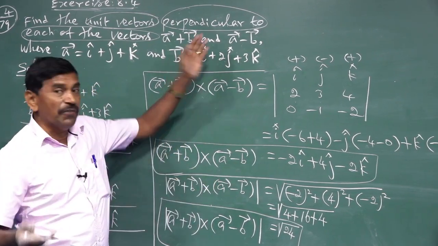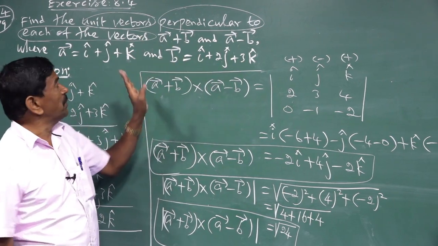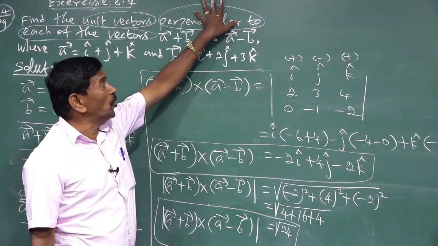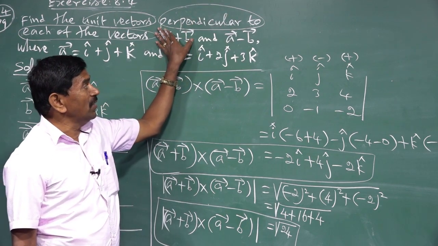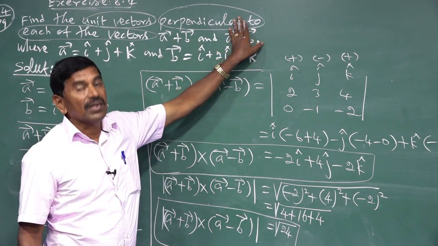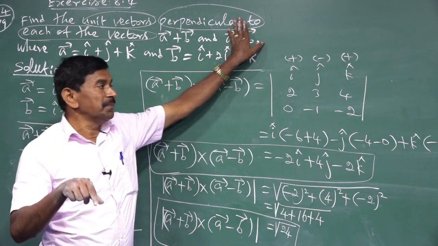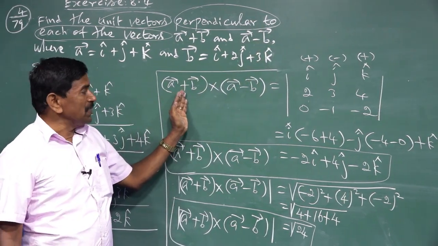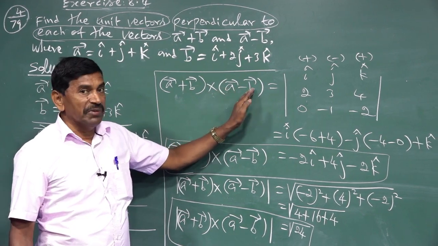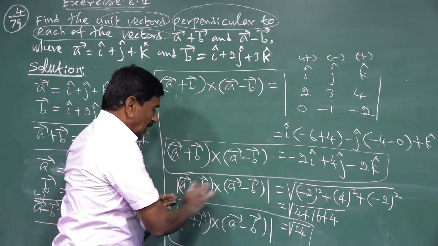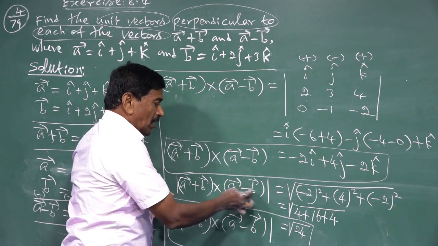We want to write the formula. Listen, the formula is very simple. The unit vectors perpendicular to both a vector plus b vector and a vector minus b vector is equal to plus or minus a vector plus b vector cross a vector minus b vector divided by modulus of a vector plus b vector cross a vector minus b vector.